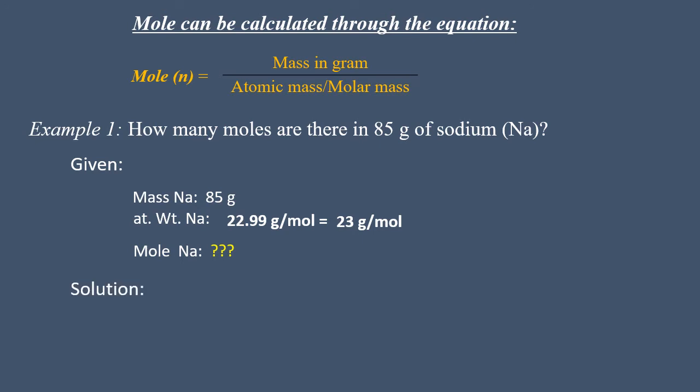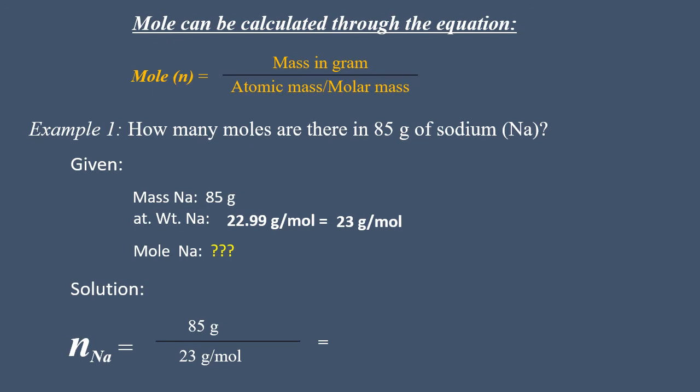So let's have the solution part. We are now going to calculate the mole of sodium by substituting the given values. The mass of sodium is 85 grams, and the atomic weight of sodium in whole number is 23 grams per mole.